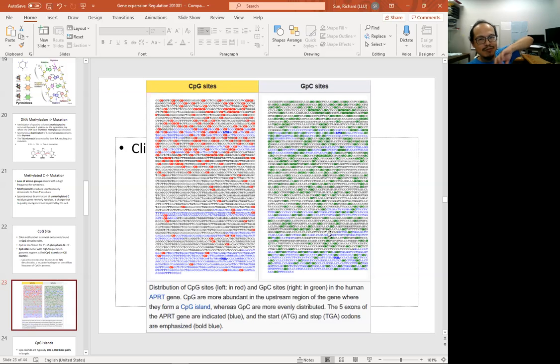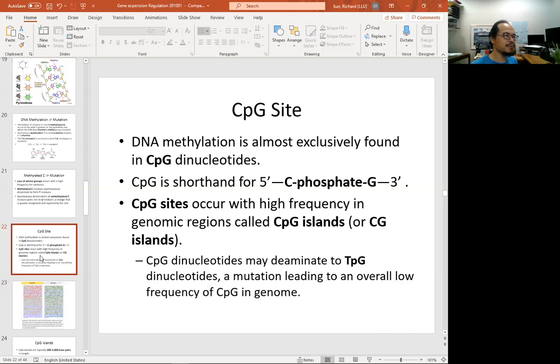Because if it's just randomly happening, we should have them spread everywhere. But instead they are in an isolated location. So we call this a CpG island or CG island.